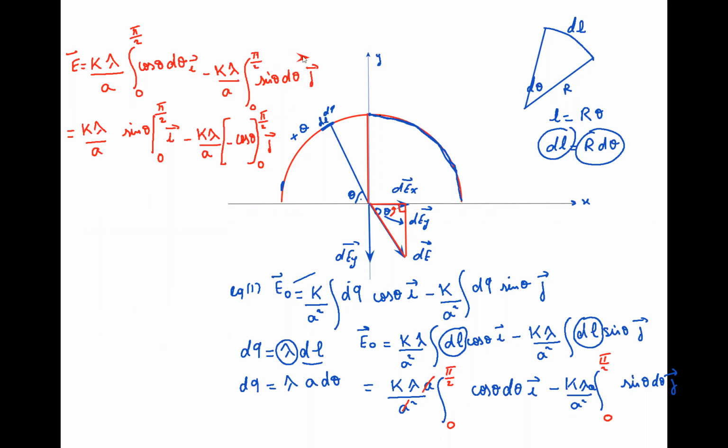Okay, equals k lambda divided by a, sine pi over 2 minus sine 0, i.